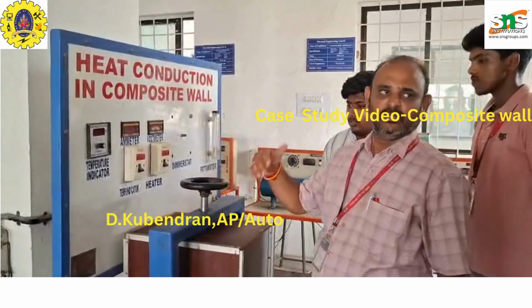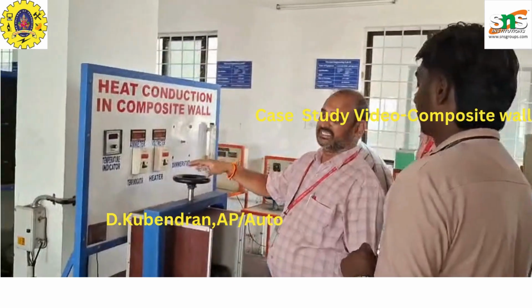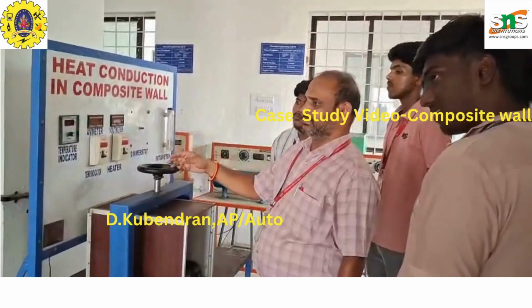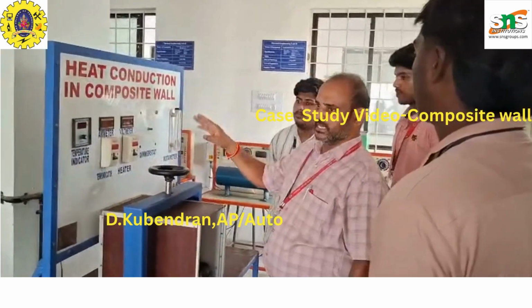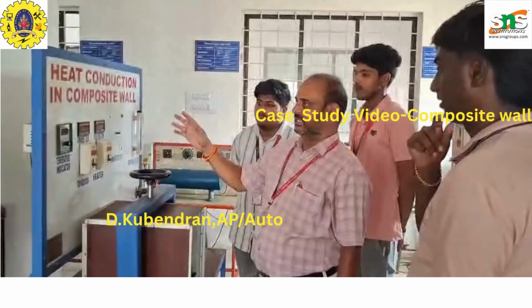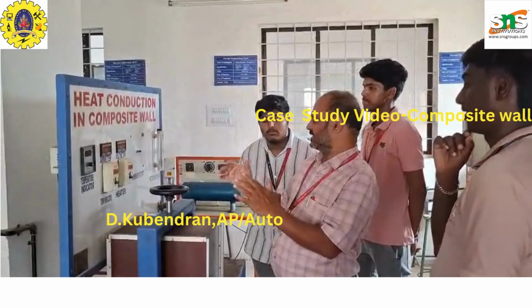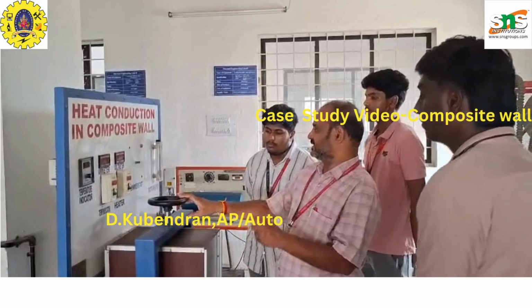In thermal engineering, there is a formula for composite wall: L by K. Suppose three layers are available, then L1 by K1 A1 plus L2 by K2 A2 plus L3 by K3 A3. If you add all these three components, we can calculate the total resistance offered by the metal. That is the resistance.